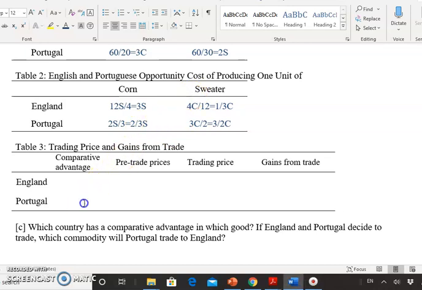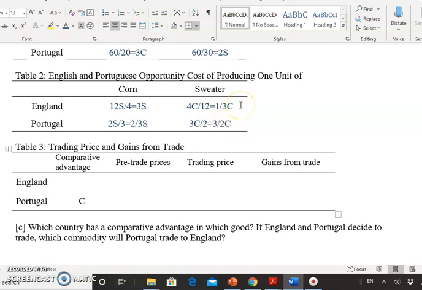So let's put it here. We find that Portugal has a comparative advantage in corn production. Let's look at sweater. To produce each sweater, England has to give up 1/3 corns, but Portugal has to give up 3/2, so it's 1.5 units of corn.